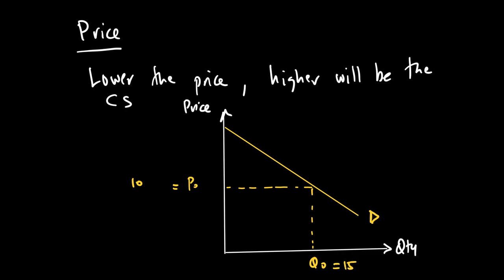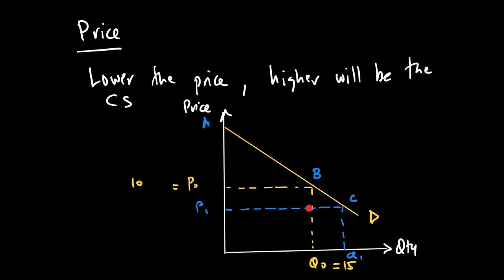So the consumer surplus will be, I can say, A, B, P naught. It's that area under the demand curve over the market price, right? But what if the price goes down now? For some reason, let's say market price goes down to P1. Now, and let's say I buy Q1 quantity, now I can say that the new consumer surplus will be, let's say, ACP1.